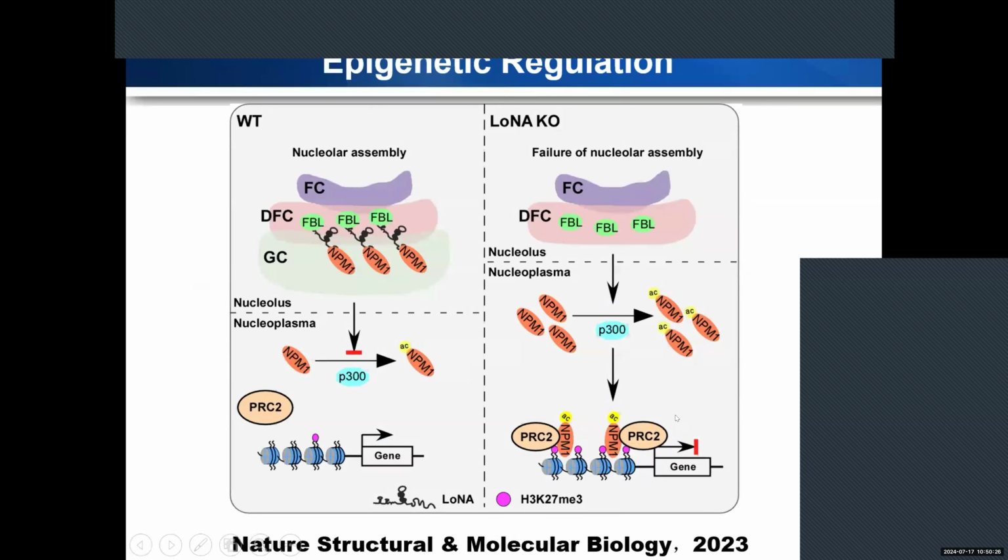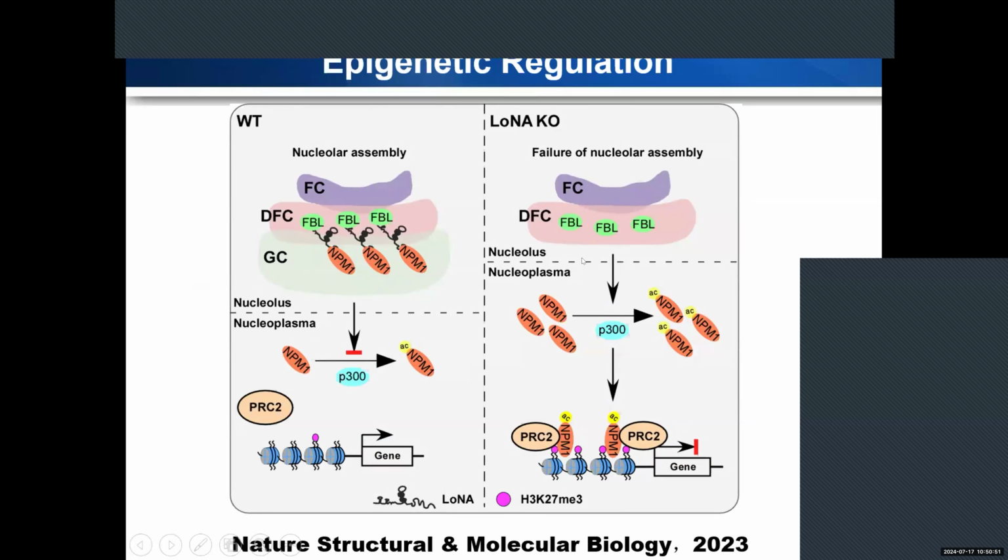So we can use this cartoon to briefly go through this process. LONA in the nucleolus sits in the middle, between the DFC and GC. This particular localization has a very unique function. When we knock out LONA, it disrupts nucleolar assembly.